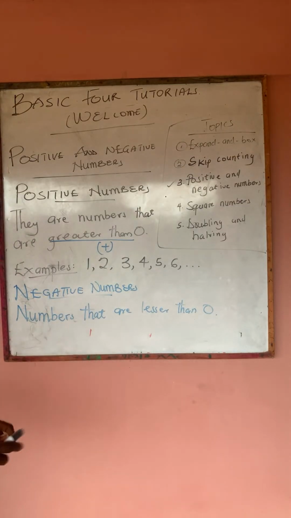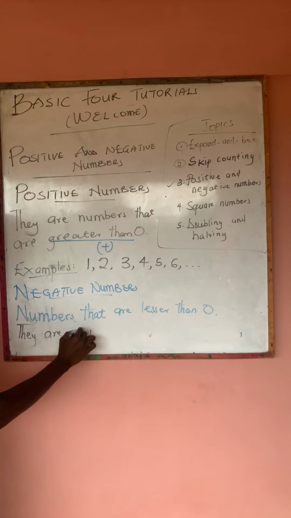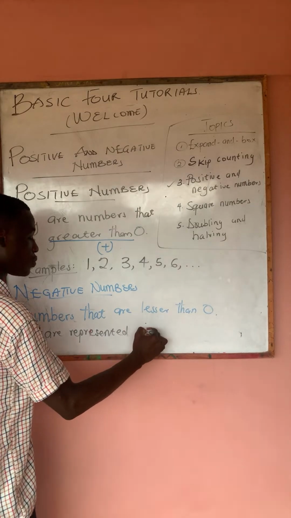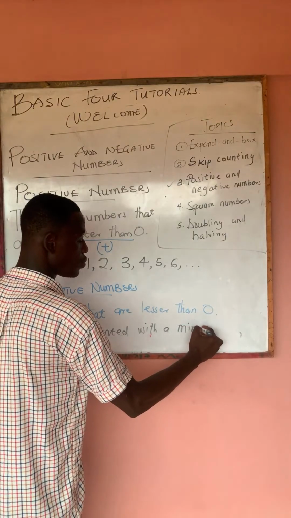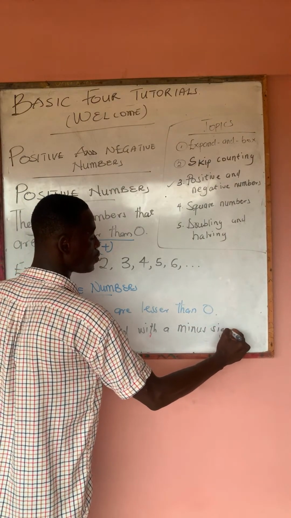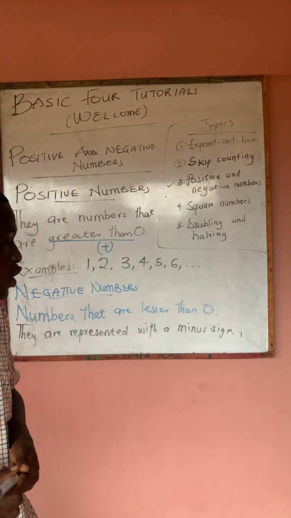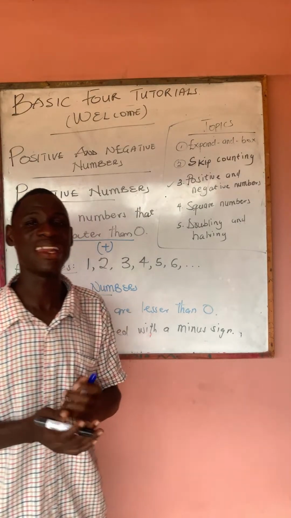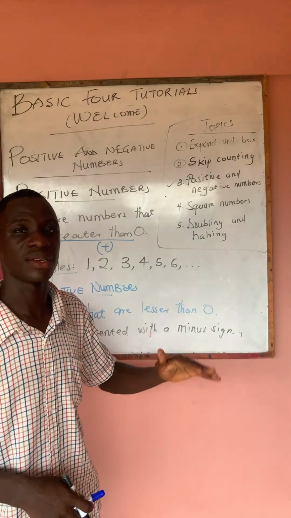Negative numbers are represented with a minus sign in front of the number. If you see any number that has a minus sign in front of it, that number is said to be a negative number. That is to say that they are all lesser than 0.